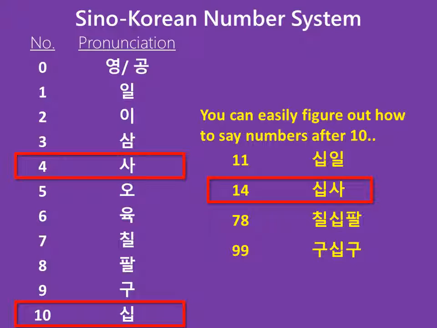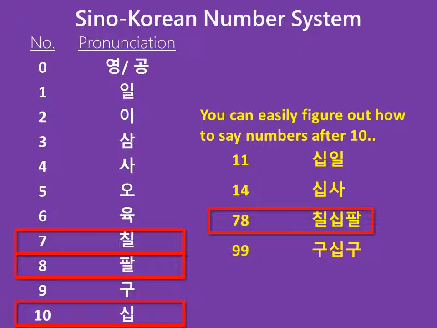We don't say, like in Chinese, 1, 10, 4 for 14 or something like that. We don't say it. We just go straight to 10, then 4, okay? And 78, let's challenge ourselves. 78, we say 7, 10, meaning 70, then 8, 78, okay?